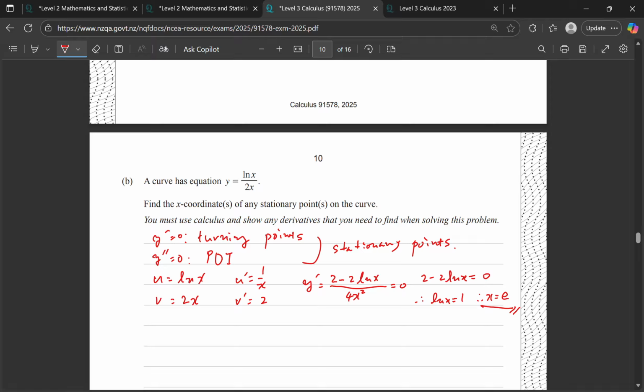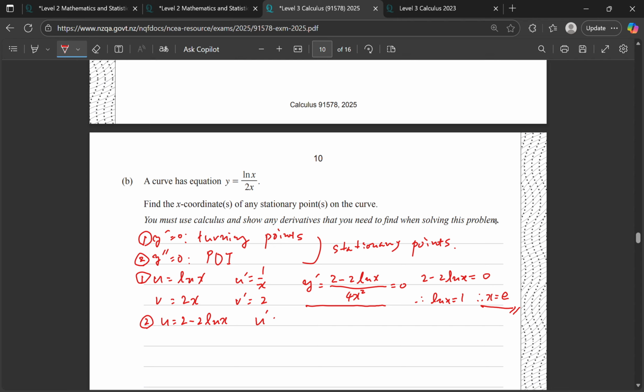And second, say this is the first one. We found the first one, and the second one here is the point of inflection. We have to differentiate the first derivative. So this one here. We set u to be 2 minus 2 ln x.